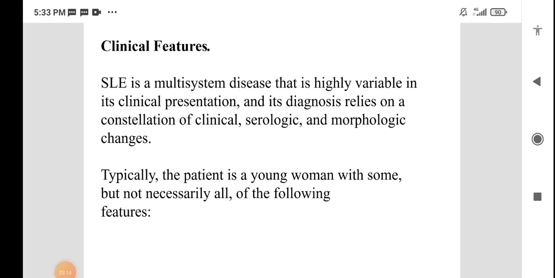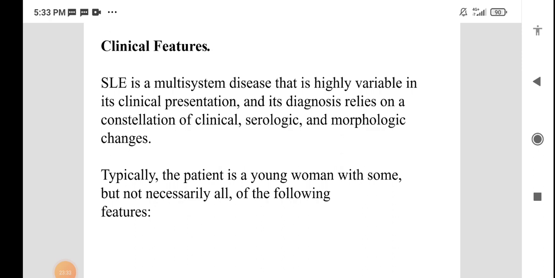Clinical features. SLE is a multisystem disease that is highly variable in its clinical presentation, and its diagnosis relies on a constellation of clinical, serologic, and morphologic changes.